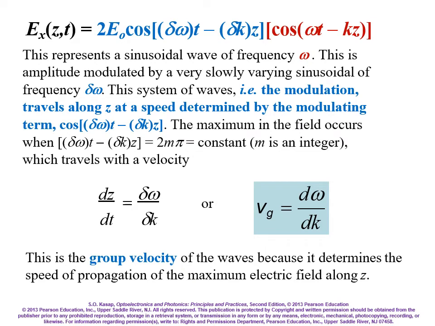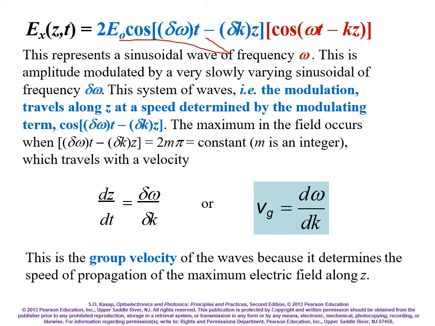So this equation represents a sinusoidal wave of frequency omega. This is amplitude modulated by a very slowly varying sinusoid of frequency del omega. This modulation travels along z at a speed determined by the modulating term, cos(del omega t minus del k z). This is the modulating term.